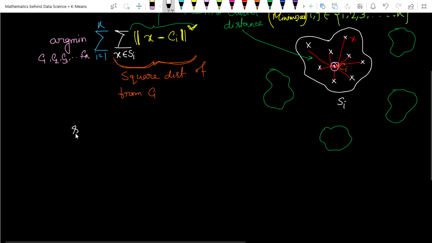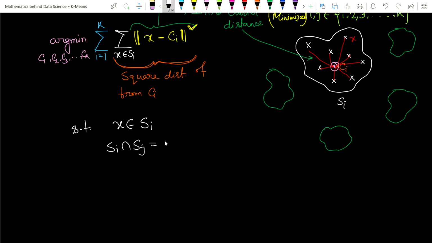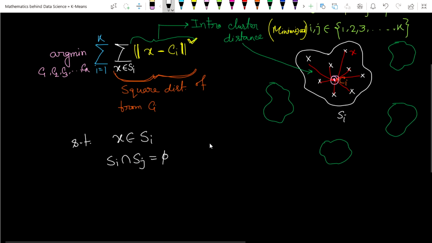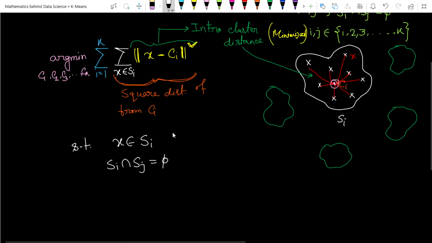The first constraint is that all the points will lie in each cluster. The second constraint is that for i and j, the intersection Si and Sj must be a null set, meaning the clusters must be a partition of our dataset, so they have no common point between clusters. That's the constraint that we have.